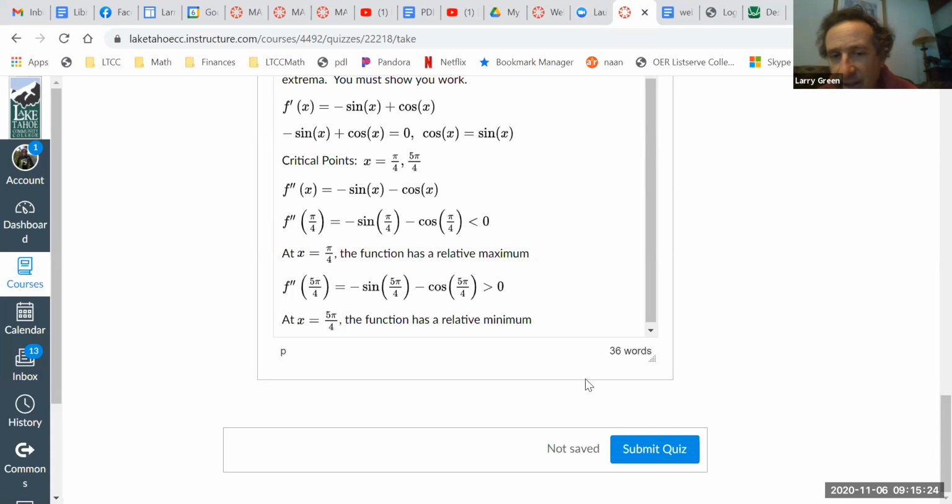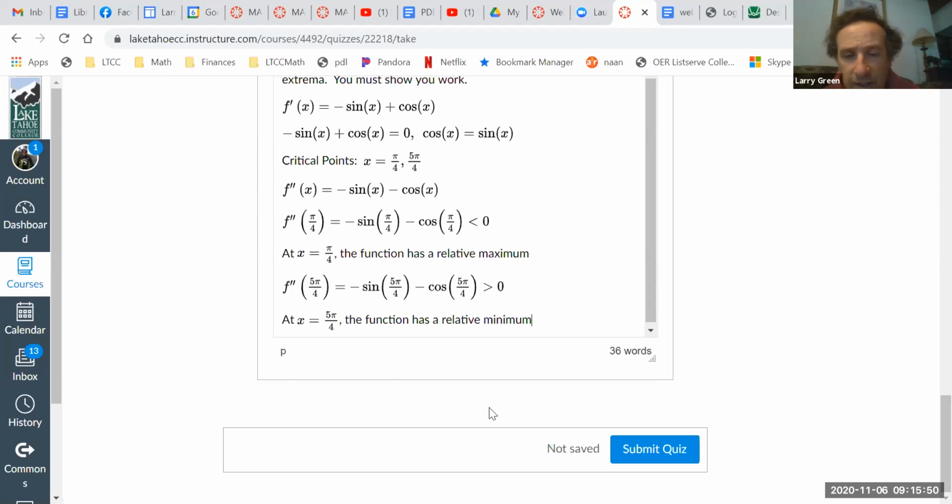Does that help, Alexi? So an inflection point means that the concavity changes. And so that's the visual way. And then the calculus way is that the second derivative changes sign as it passes through that point.